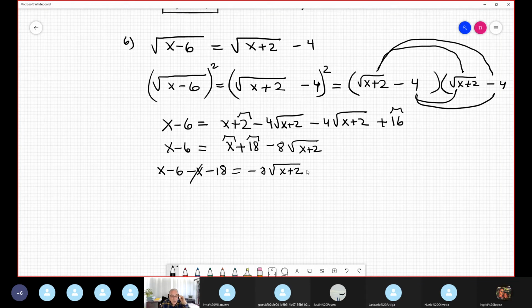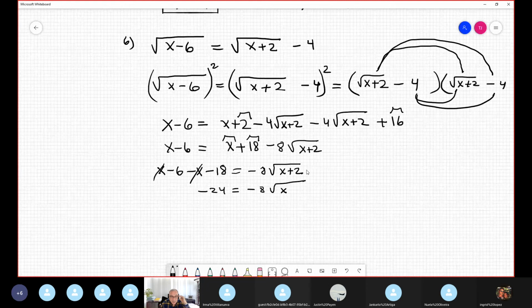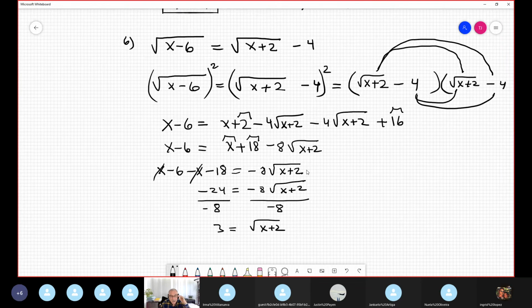And the x is cancelled out. Wow, I like that. And this is negative 24 is equal to minus 8 radical x plus 2. Okay, you can see now divide both sides by negative 8. This is 3 and this is radical x plus 2. Wow, easy equation we have now.